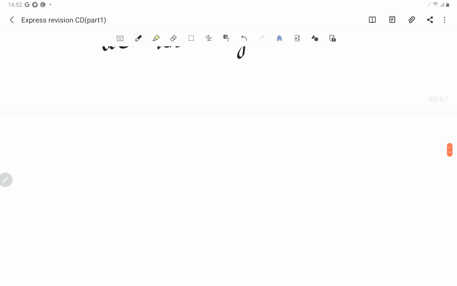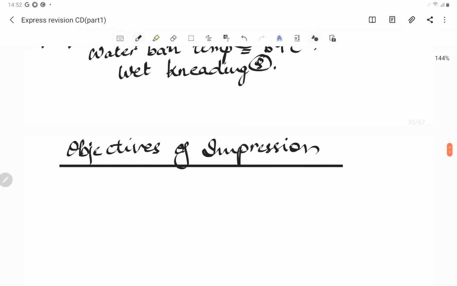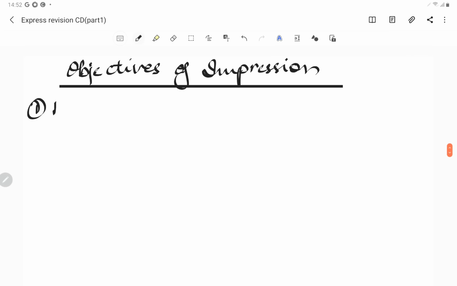So talking a little bit more about the impression. What are the objectives of impression? The objectives of impression are retention, stability, support, and the preservation of the structures. That's it. Very simple objectives, right? So the objective is retention. Retention is the resistance to the displacement away from the tissue surface.